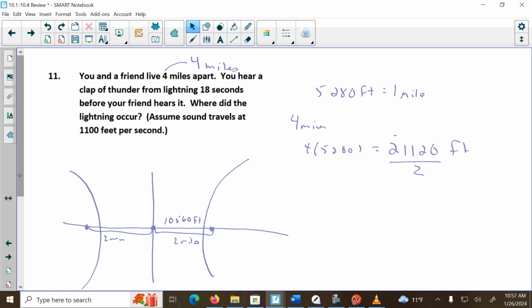So right now, since I have the x's first, I can start with x squared over a squared, which I'll get to in a second, minus y squared over b squared is equal to 1. So I know that the distance from my center to my foci is 10,560. That's going to be my c.